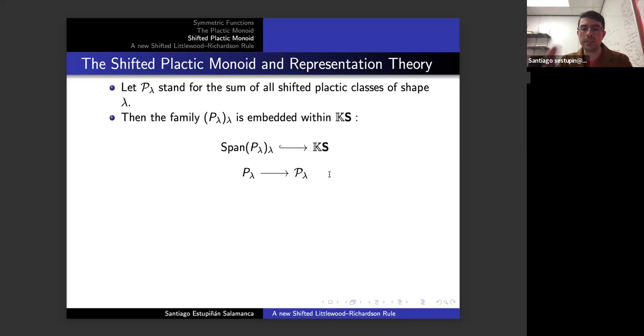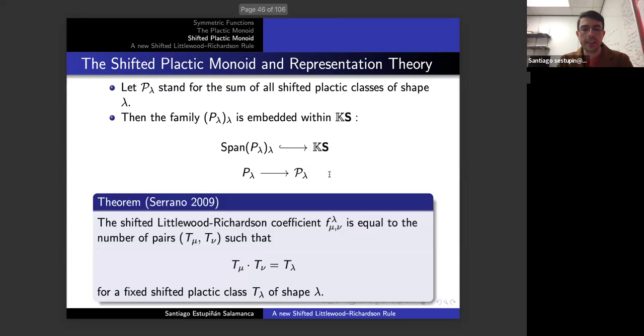Essentially, these elements commute pairwise. And again, I have a description of these coefficients, F sub mu nu to lambda. These are the ones that show up in the multiplication of two P-Schur functions. And so again, I have basically an identical rule.